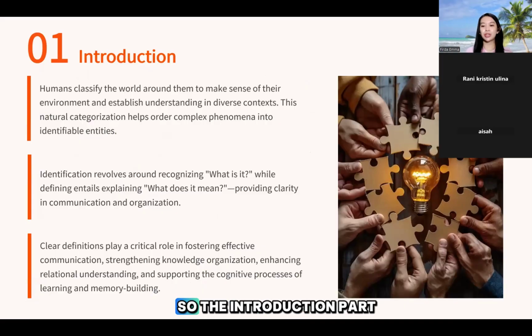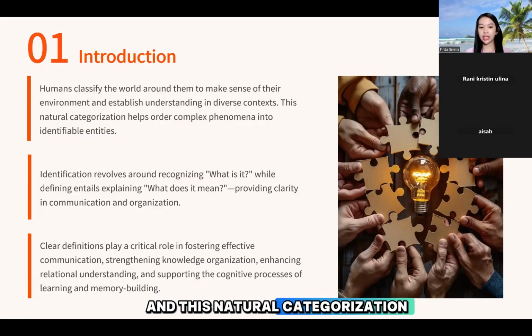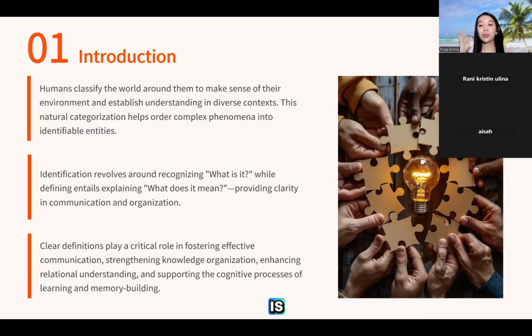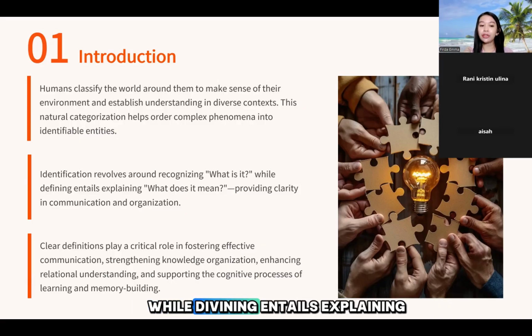Okay, first, the introduction part. As we know, humans classify the world around them to make sense of their environment and establish understanding in diverse contexts. This natural categorization helps order complex phenomena into identifiable entities. The first part, identification, revolves around recognizing, which means what is it, while defining entails explaining what does it mean.